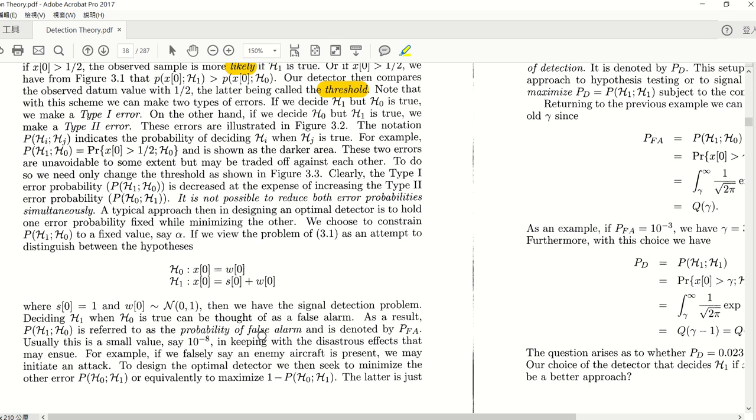We set up a desired value for PFA, which is something we like to constrain. We constrain PFA below a certain level, and then we seek to minimize the other error, P(H0|H1), or equivalently to maximize 1 minus it. These two are mathematically equivalent.